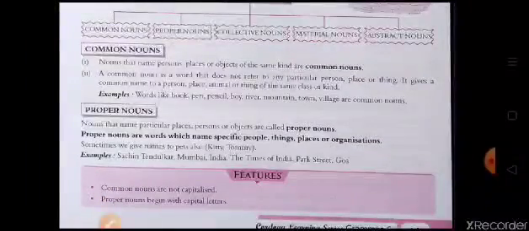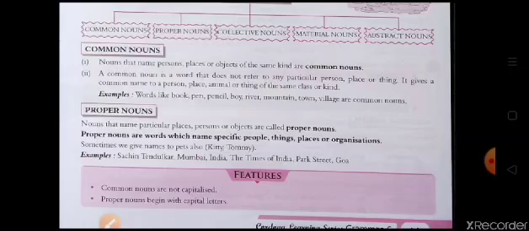Let's discuss common nouns. Nouns that name a person, place or object of the same kind are called common nouns. A common noun is a word that does not refer to any particular person, place or thing. It gives a common name to the person, place, animal or thing of the same class or kind.